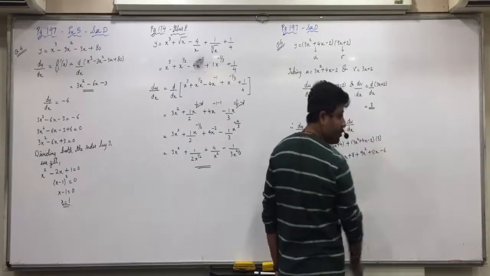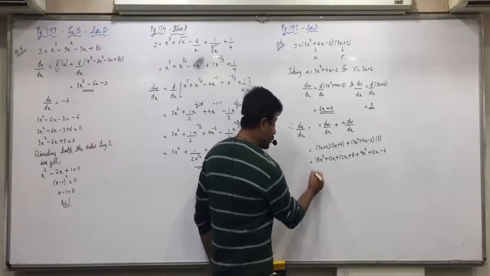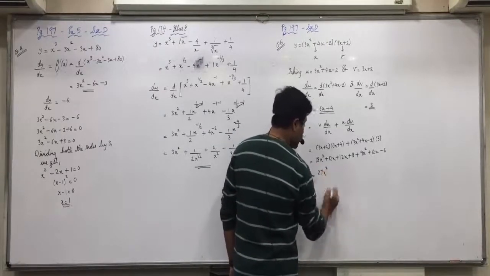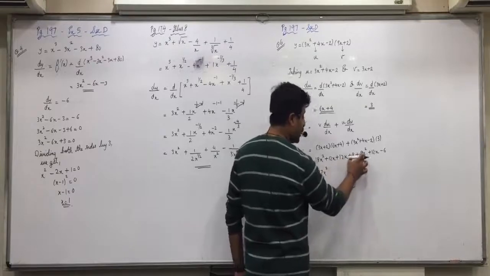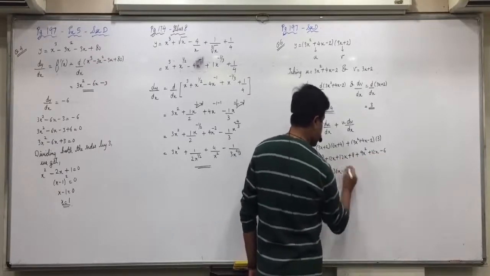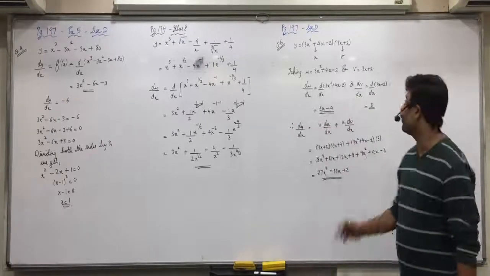Minus 2 into 3, minus 6. Is everyone clear up till here? 18x² plus 9x², 27x². 12x plus 12x plus 12x, 36x. 8 minus 6, 2. Any confusion in this?